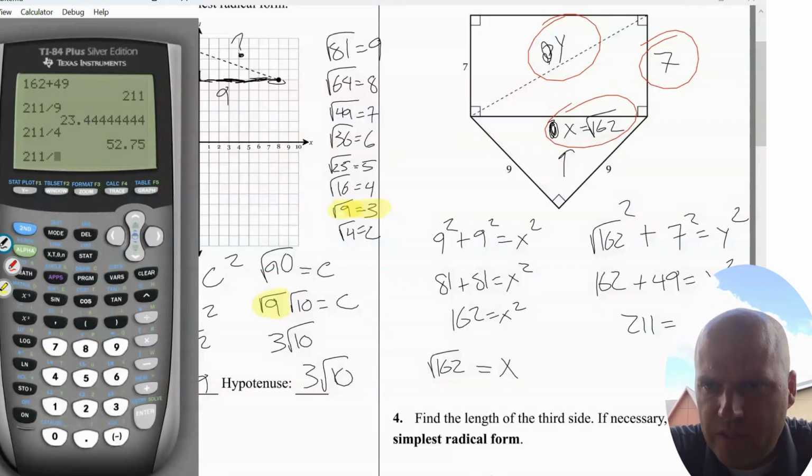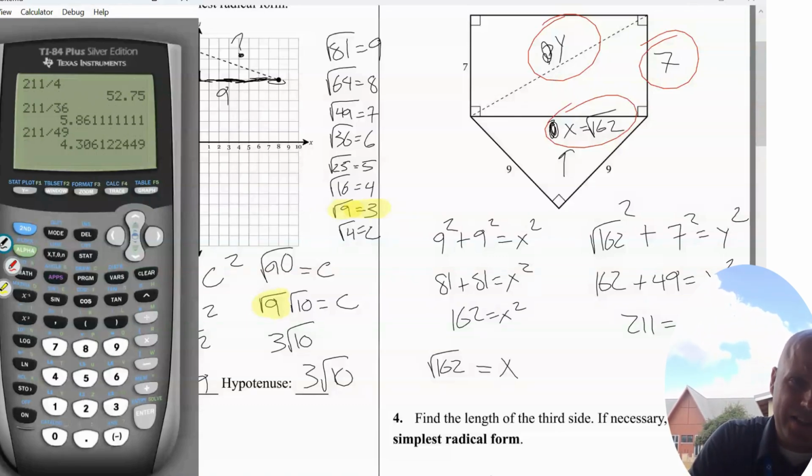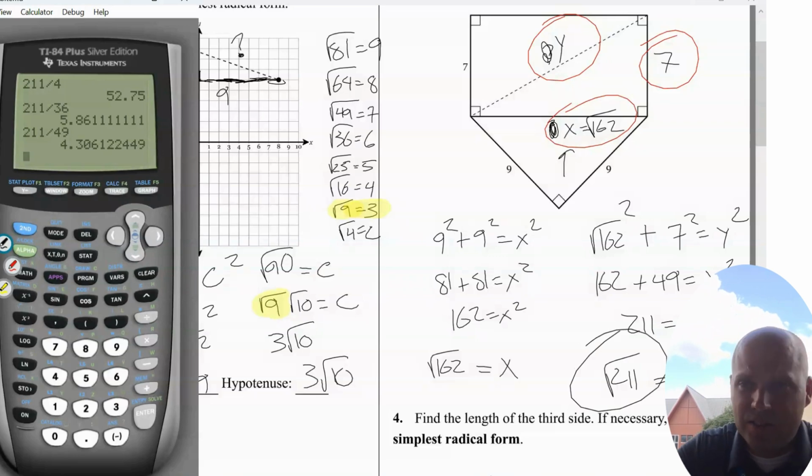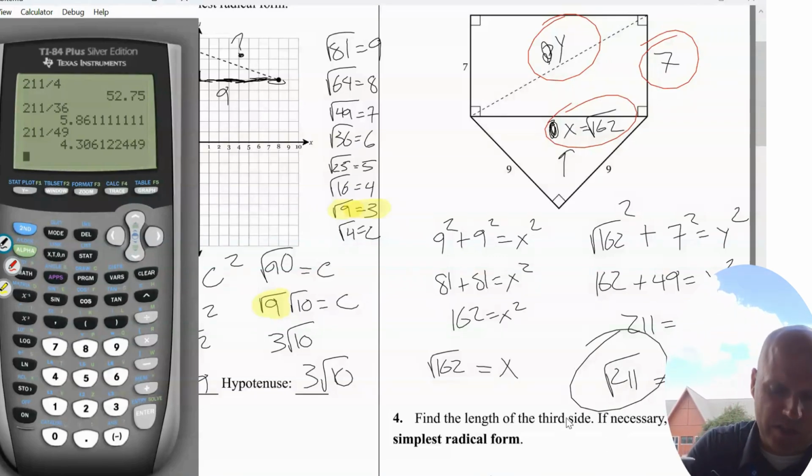I don't know if I can divide anything into it. So I actually think, and this is freaky for a lot of us, because when do I know when I can do it, when I can't? Just try, but square root of 211 is the answer.